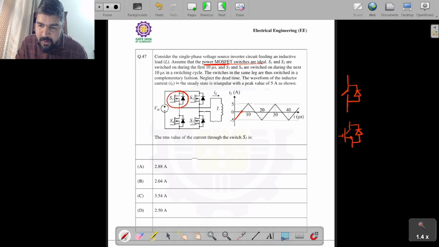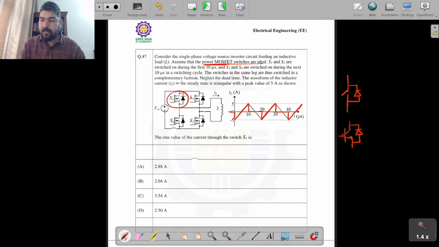It means the current is flowing through this MOSFET, so this is also the current through S1. Now this current will flow through S3, S4, and again this current will flow through S1. I hope you got the wave shape. The wave shape of current S1 will be like this. It will be 0 up to this point and then go like this. This will be the wave shape of current through S1.